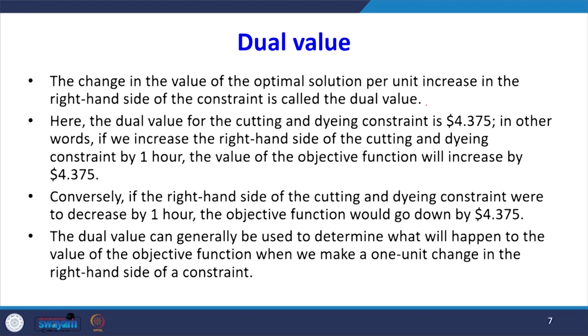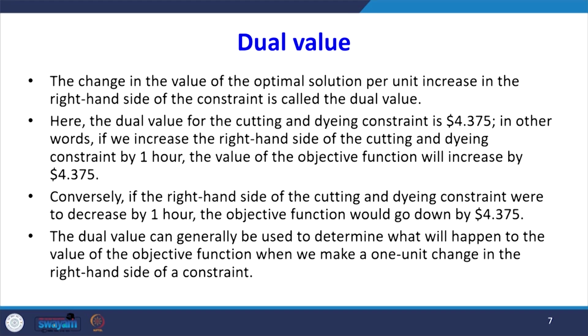Here the dual value for the cutting and dyeing constraint is 4.375. In other words, if we increase the right hand side of the cutting and dyeing constraint by 1 hour, the value of the objective function will increase by $4.375.